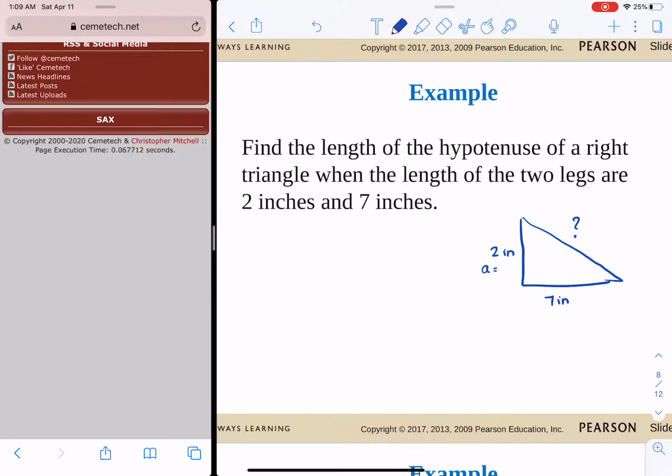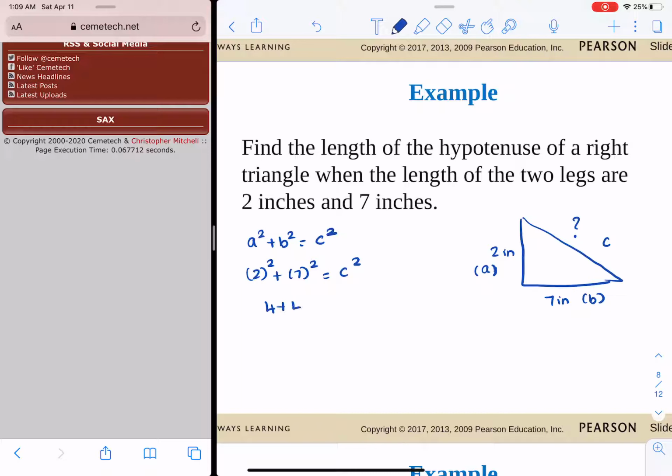So we'll call that A, we'll call that B, and we're trying to find C. We know that the formula is A squared plus B squared equals C squared. So 2 squared plus 7 squared would equal C squared.